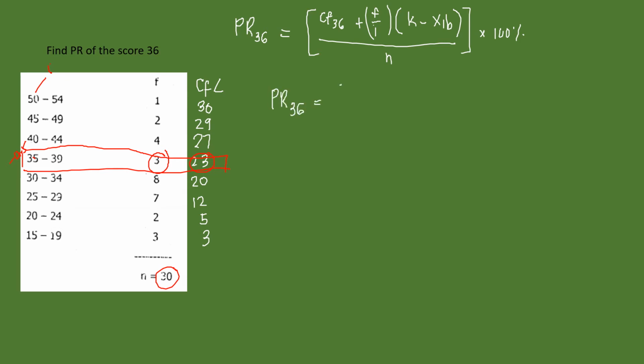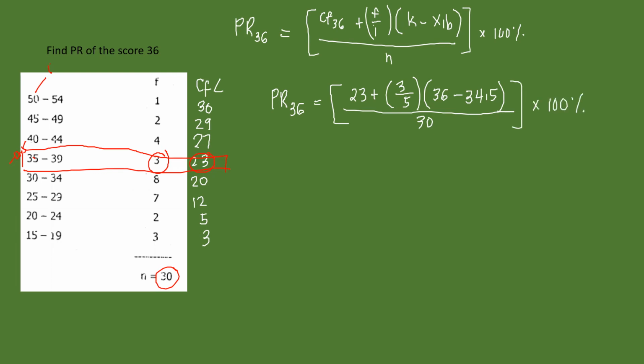CF of 36 is 23 plus F divided by I, that is 3 divided by 5, times K. K is 36 minus the lower boundary, which is 34.5, because 35 minus 0.5 is 34.5, divided by N. N is 30. Then you multiply that by 100%.